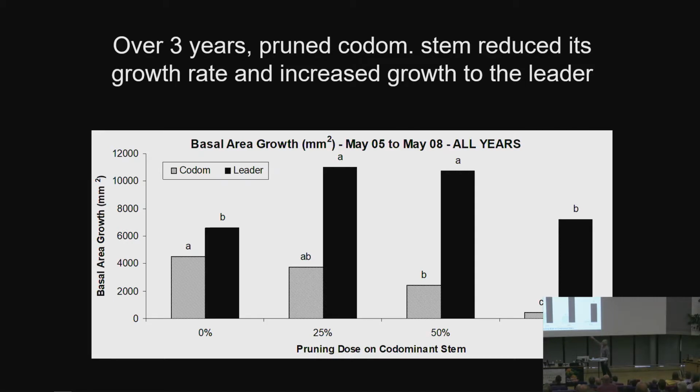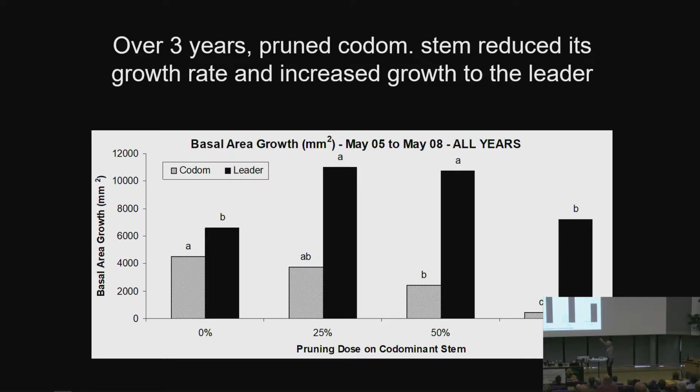So let's do the pruned first. As we pruned, we got less growth in that pruned side over the 3 years. Not surprising. One thing that was surprising is just how much slower. When you nail it with 75%, you really slow it down. And sometimes you have to do that. Sometimes you have to do 100%. It's got to come off.